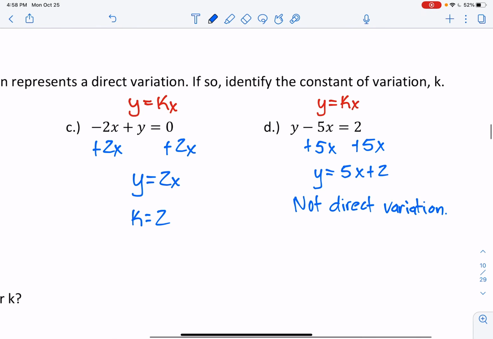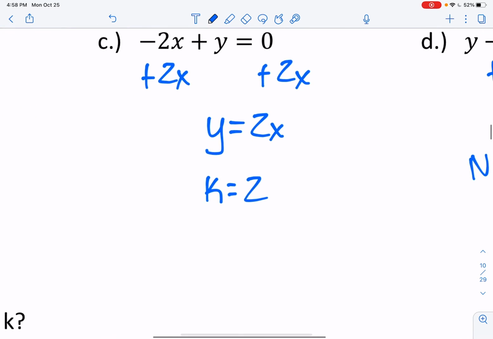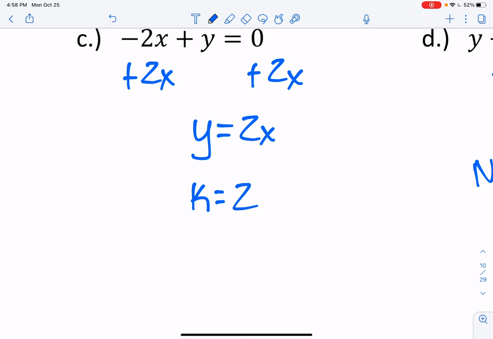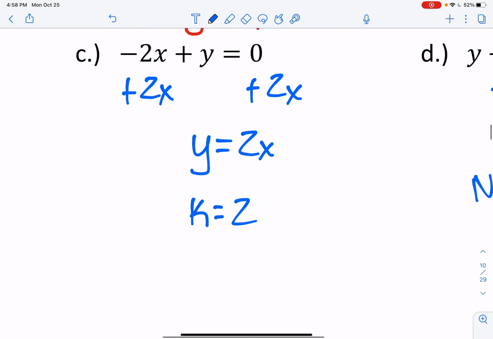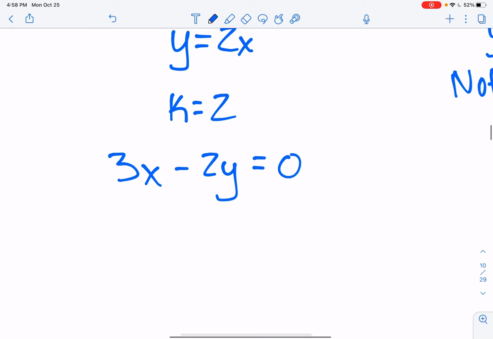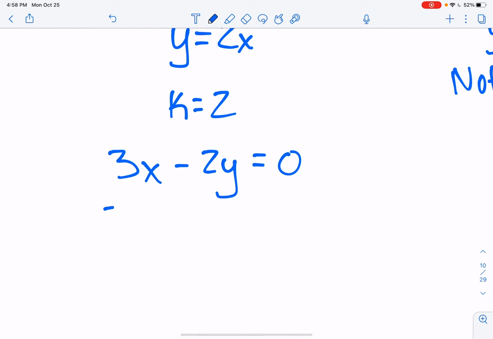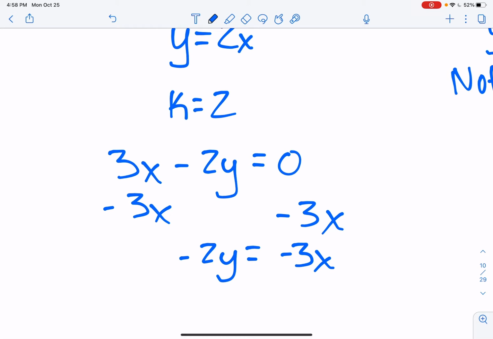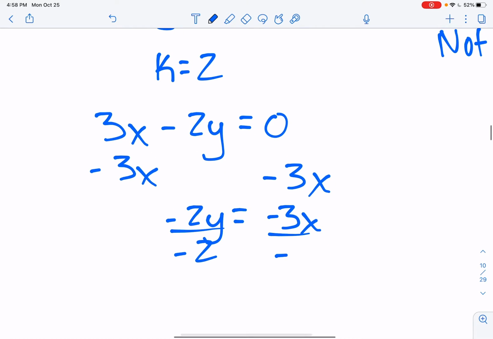Okay. Now, the majority of your homework problems are going to look something like this. So it might also look like 3x minus 2y equals 0. Again, I got to subtract 3x from both sides. So I get this. Y is still not by itself. I need to divide by -2.